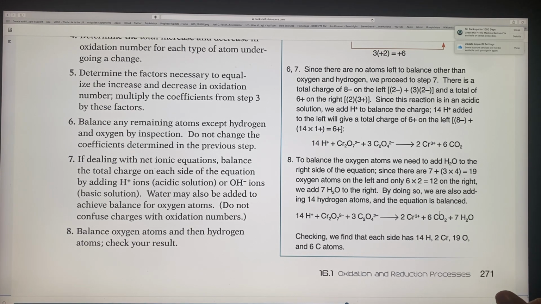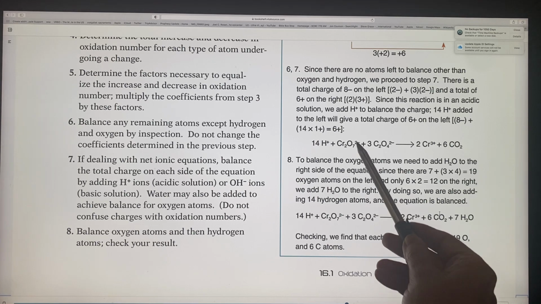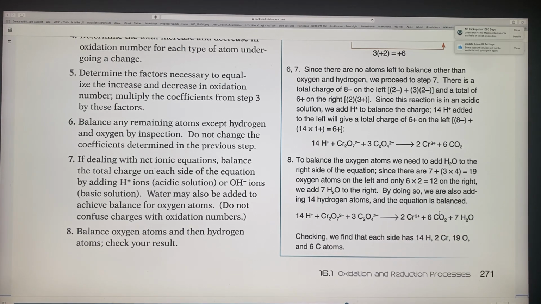If you subtract 12 from 19, you get 7. So you're going to put 7 H2O. See how they added the water to balance the oxygen, and the hydrogen to balance the charge.